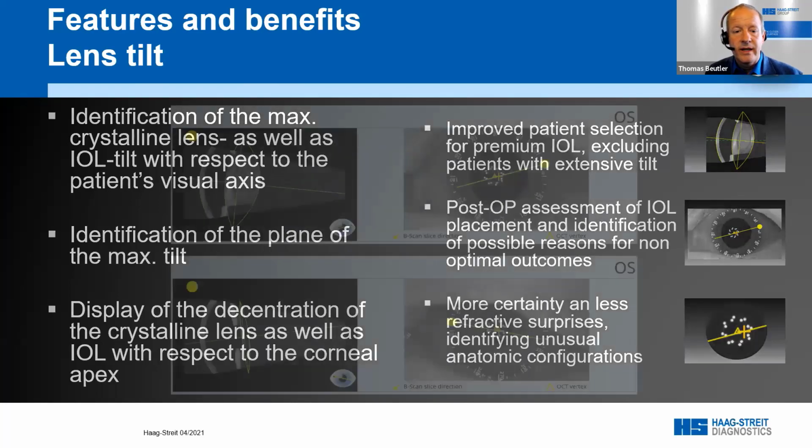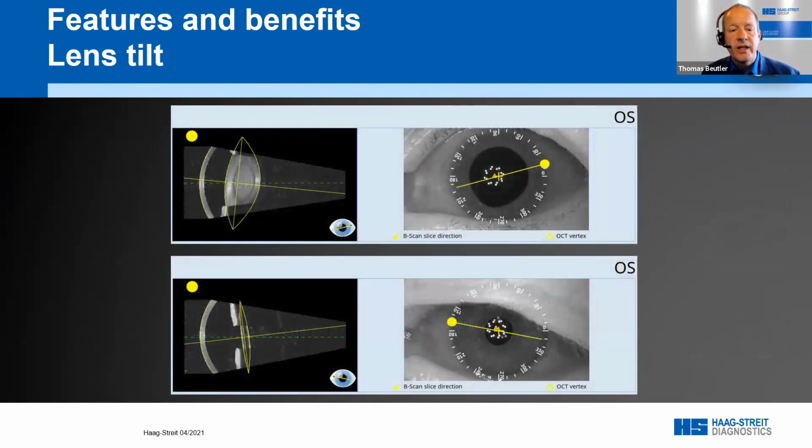When we look at a little bit more detail, we see here 2 examples of lens tilt analysis. The top one is a standard phakic patient. The bottom one is a pseudo-phakic patient. It's not the same patients. They are images from different patients. You might see, well, it's both from the left-hand side, and one looks tilted to one side, the other to the other side.